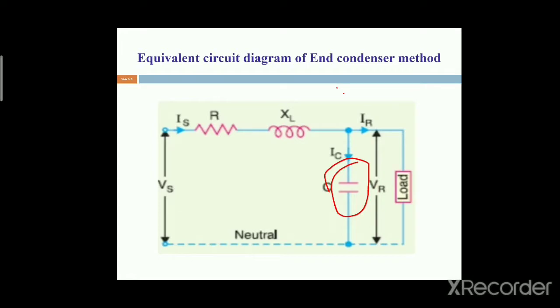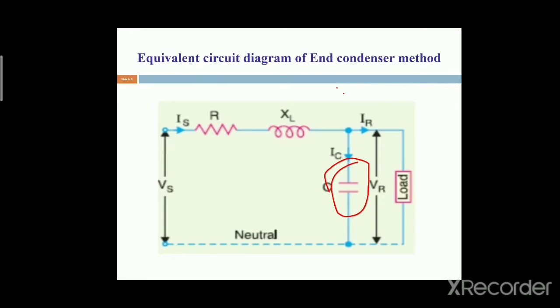This is the equivalent circuit diagram of the end condenser method. First of all, what is meant by the end condenser method? Depending upon the connection of the capacitance, the medium transmission line is divided into three types. The first one is the end condenser method.